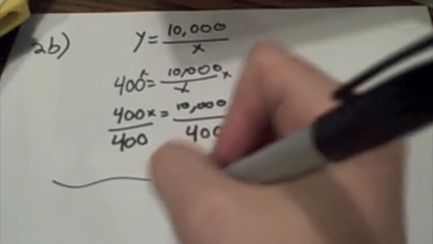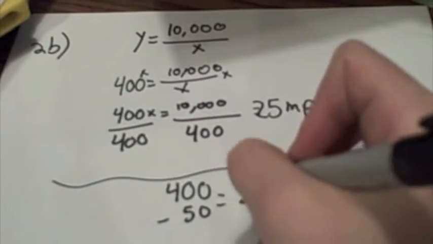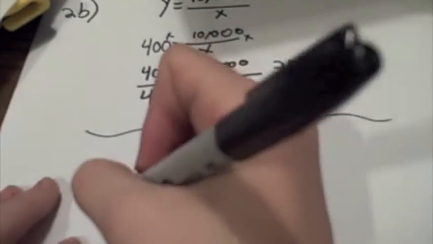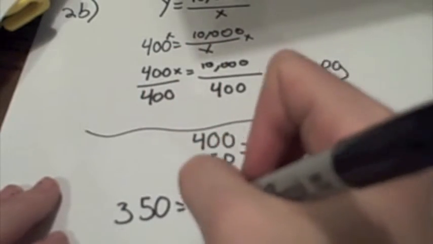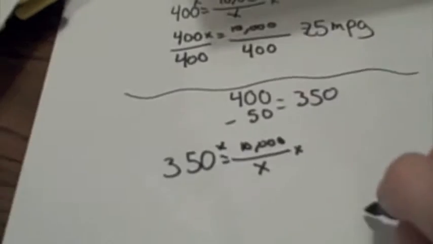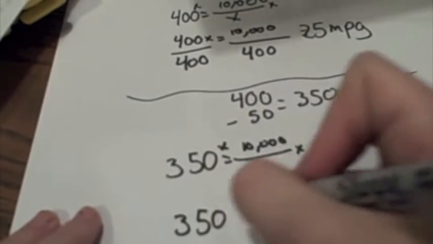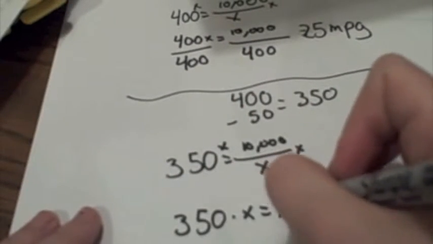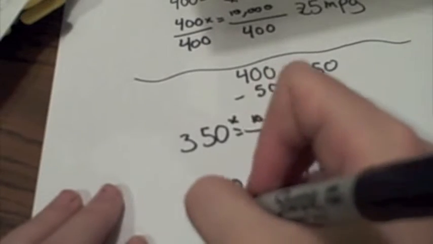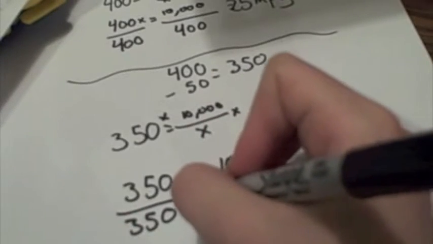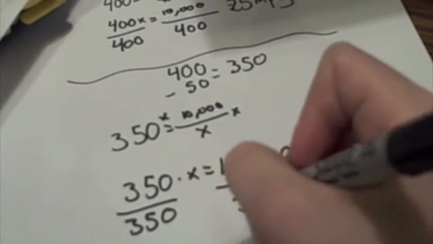For the next part of this equation, they wanted us to subtract 50. So 400 minus 50 is 350. 350 equals 10,000 over x, multiplying x on both sides, and then dividing by 350 on both sides. This gives us the answer of 28 miles per gallon.